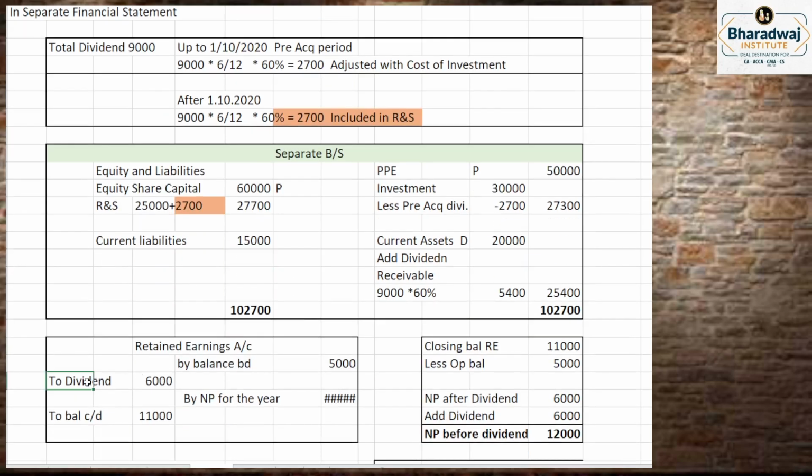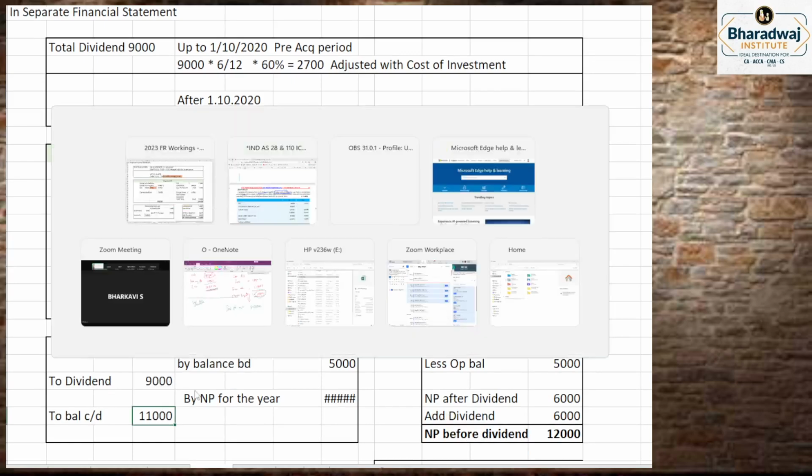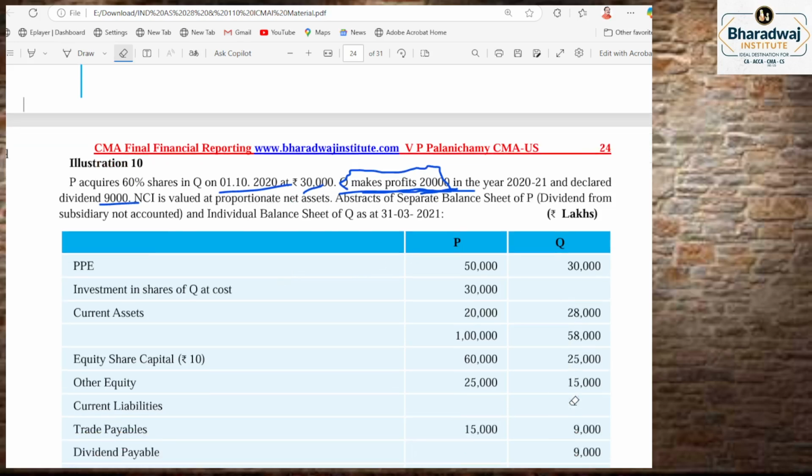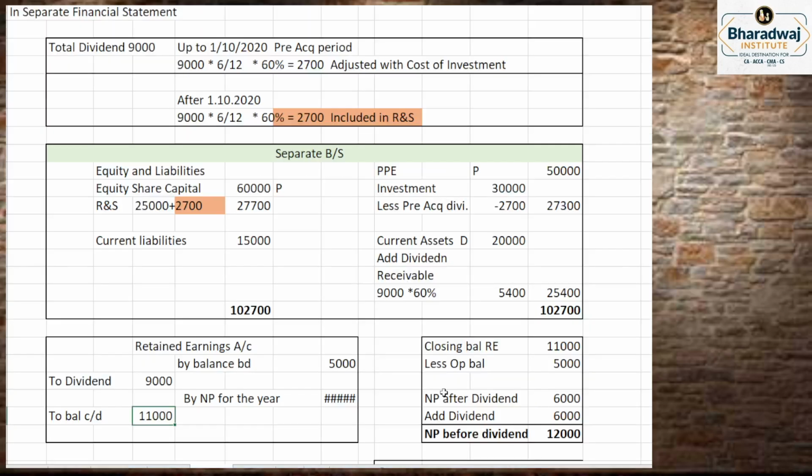In this question the dividend is given. Closing balance is also given. Closing balance, other equity 15,000 given in the question. Net profit for the year is also given in the question.